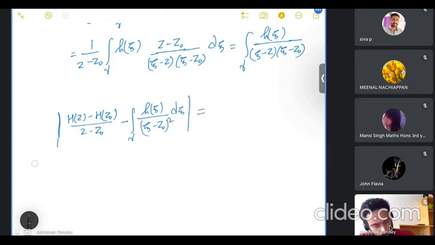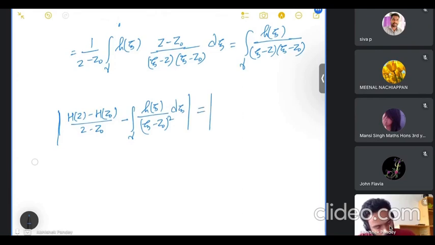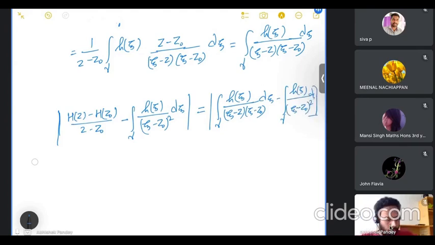This will be equal to the integral over gamma of h of xi upon (xi minus z)(xi minus z naught) d xi minus the integral over gamma of h of xi upon (xi minus z naught) squared d xi.